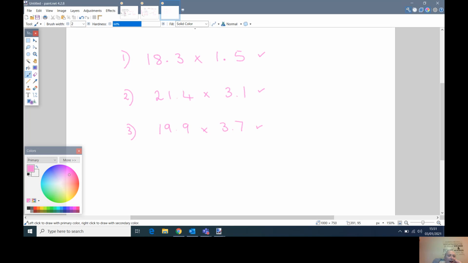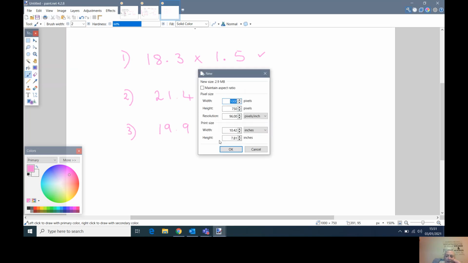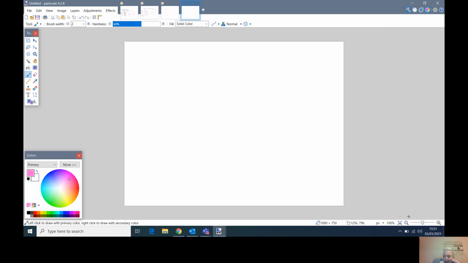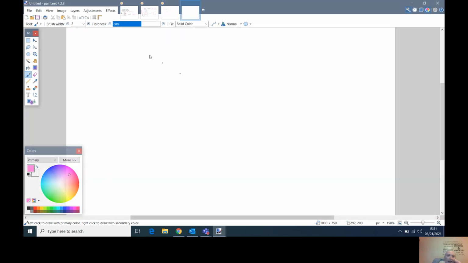Okay, right, so now let's move on to division. And division is slightly different. It's not too different, but it is slightly. Okay, so dividing decimals.